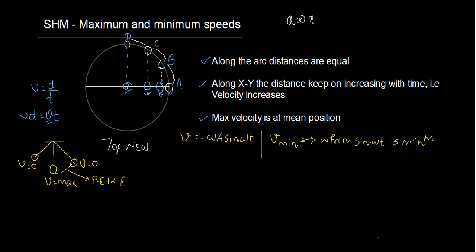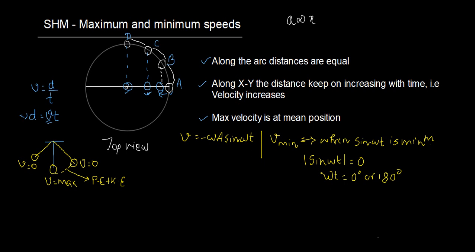So that means we can say the minimum value of sine omega t with respect to this particular case is nothing but 0. Now when sine is equal to 0, it means that the phase omega t must be 0 degree or 180 degree. Now which are the two positions where it is 0 degree only? Here it is more or less 0 degree, and in this case it's 180 degree.